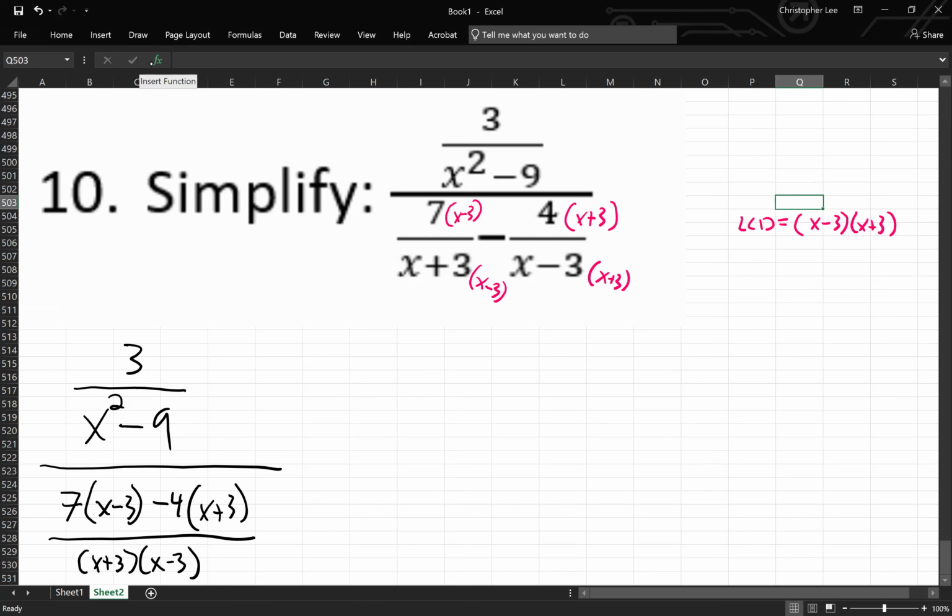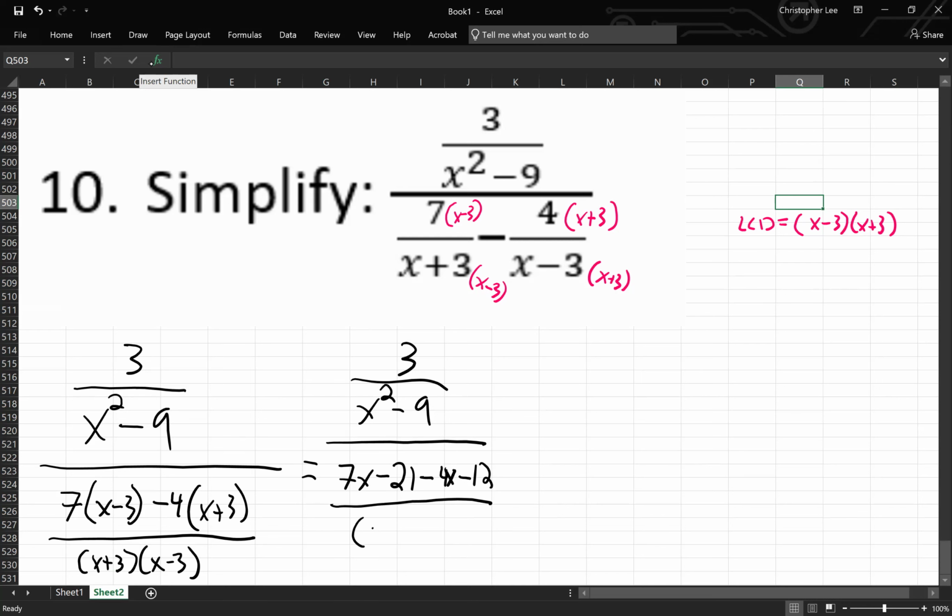Distribute, combine like terms, all that good stuff, right? So next line should be still 3 over x squared minus 9. And then now I should have what? 7x minus 21 minus 4x minus 12 all over the x plus 3, x minus 3.